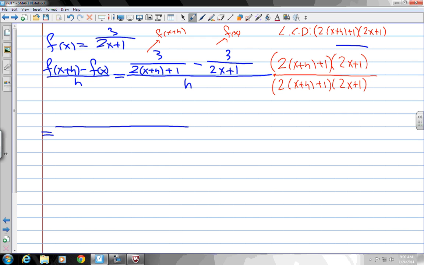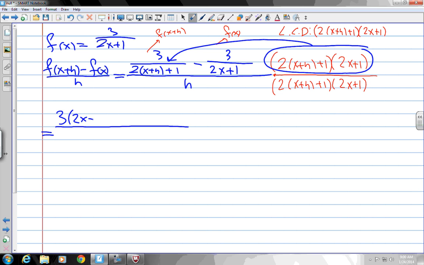Because look what happens if I take this expression and I multiply this expression by the first fraction. What will cancel? Yeah, the entire denominator will cancel, right? And what is left? 3 times 2x plus 1. So whatever's left, 3 and the second factor.